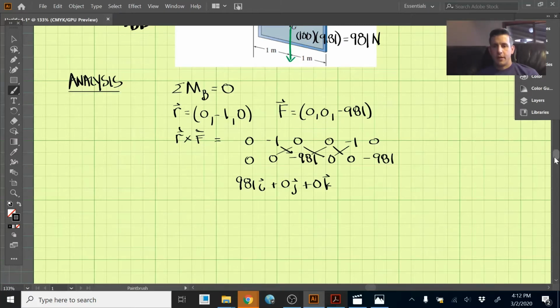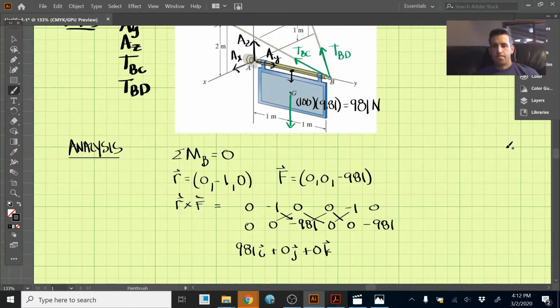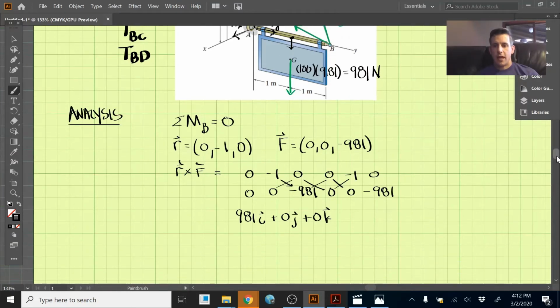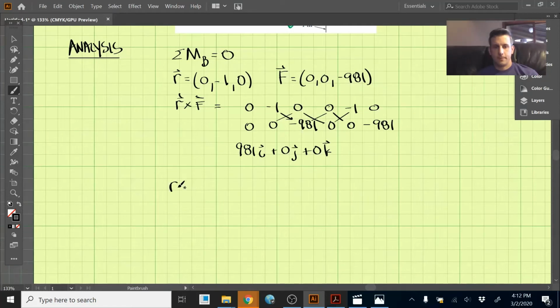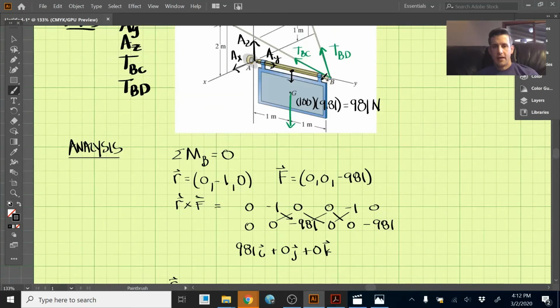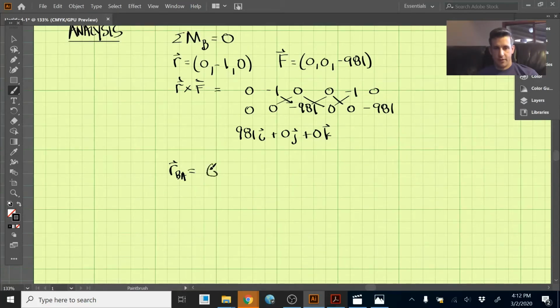Now let's talk about the ball and socket joint. So we have the R vector from B to A. That is 0 in the x, -2 in the y, and 0 in the k. So we have 0, -2, 0.